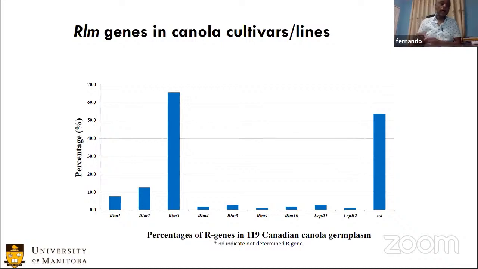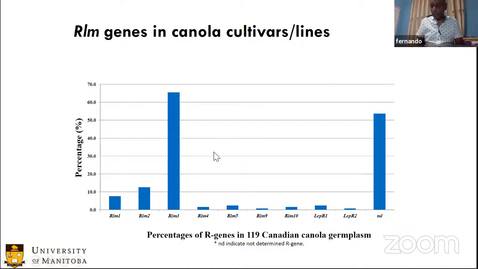Some of the work had been done in France; they had been able to identify some of the R genes much earlier, because blackleg has been in Europe for a longer time and has been researched more than in Canada. We have had a very cushy period of about 30 years with good genetics and not particularly having an issue.